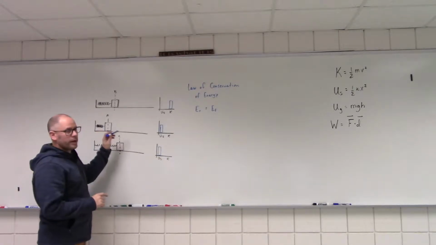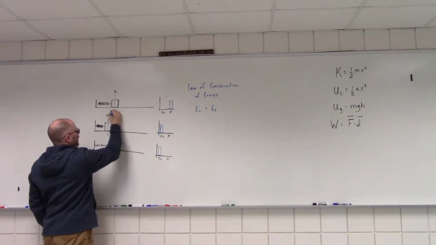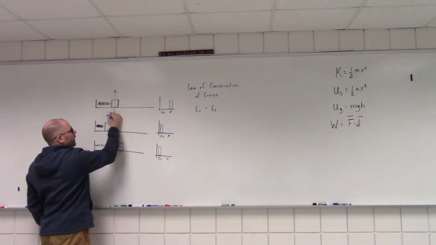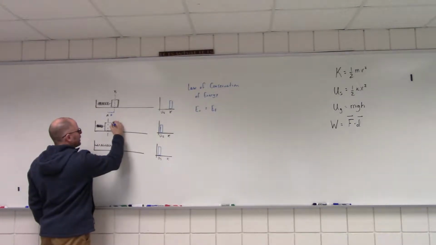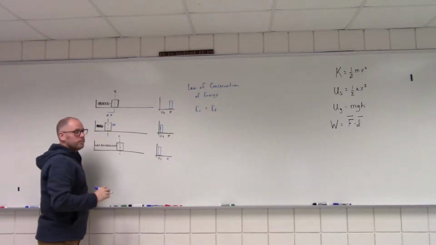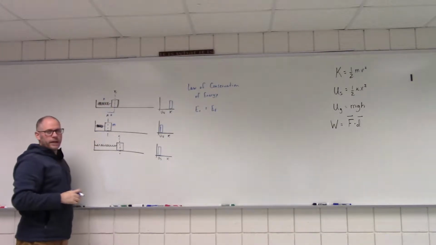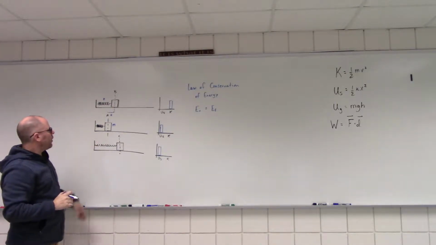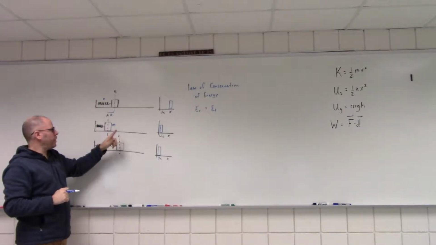So if we take this one specifically, between A and B, I have compressed the spring a distance x. Our box has a mass m, spring constant k. If I look at between A and B, how do these two compare?